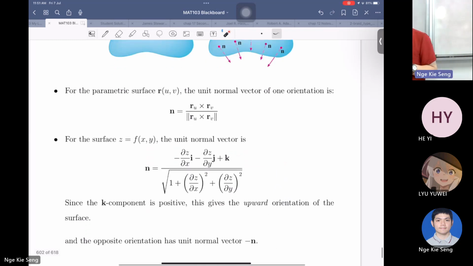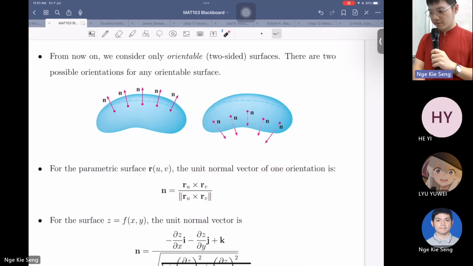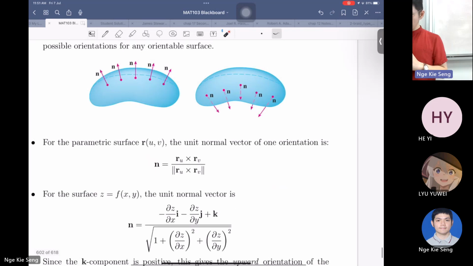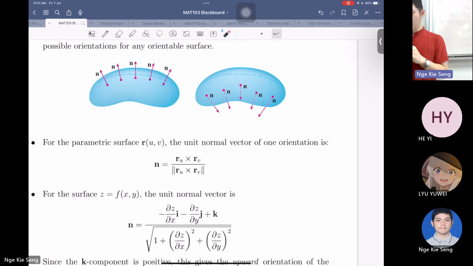So we have gone through this. We have the normal vector; divide by its length, we get the unit normal vector. But this formula can be reduced further to the following for the surface z = f(x,y). If you don't want to go through all the cross product, you can use this formula here.